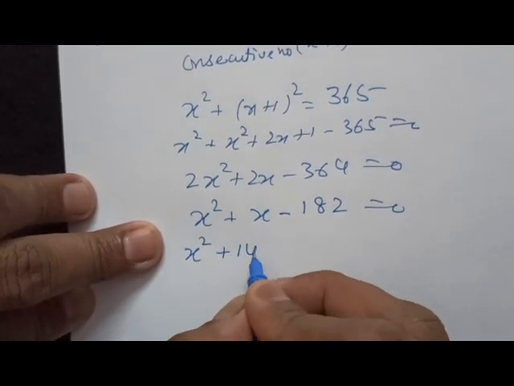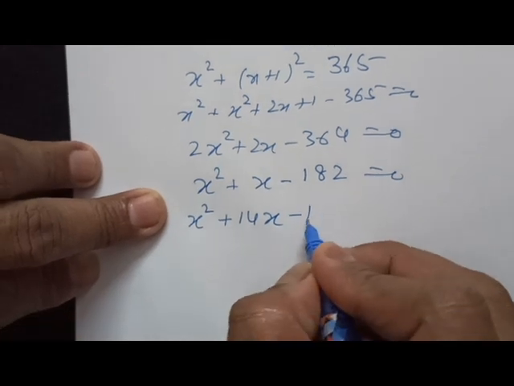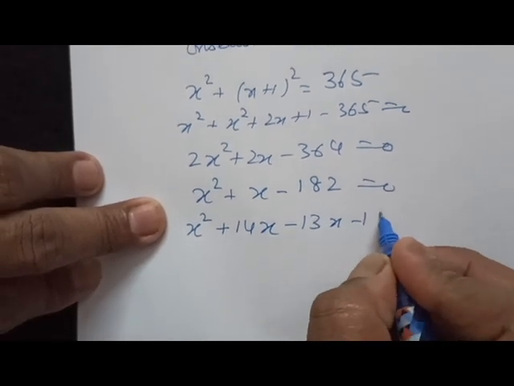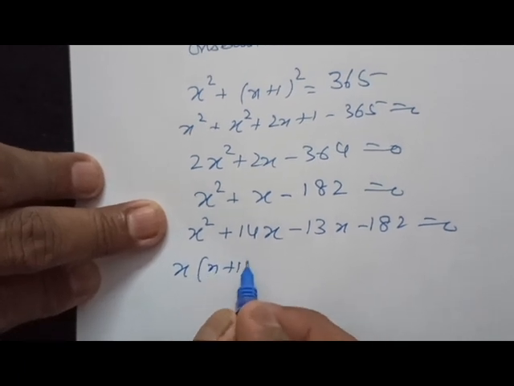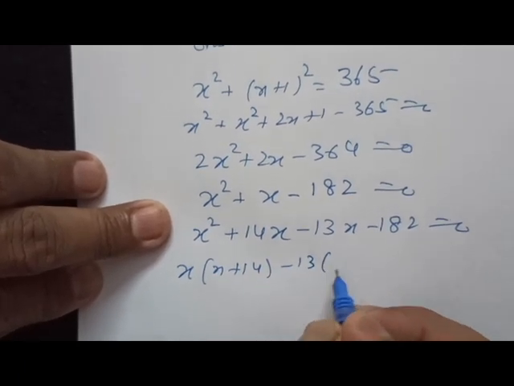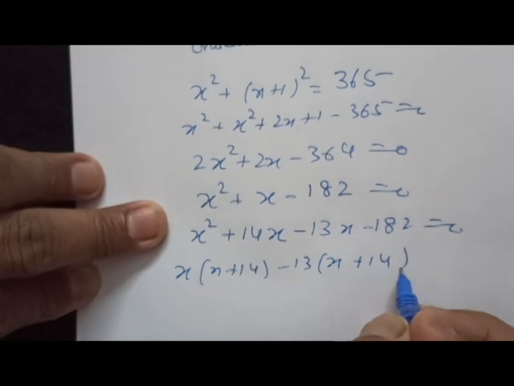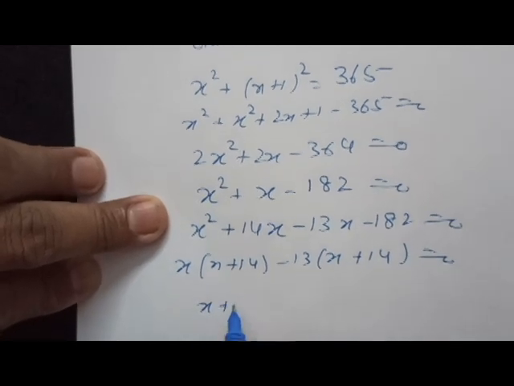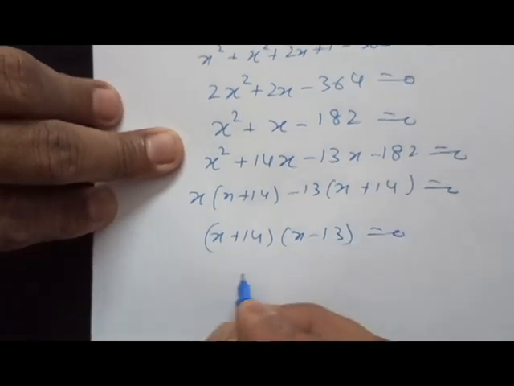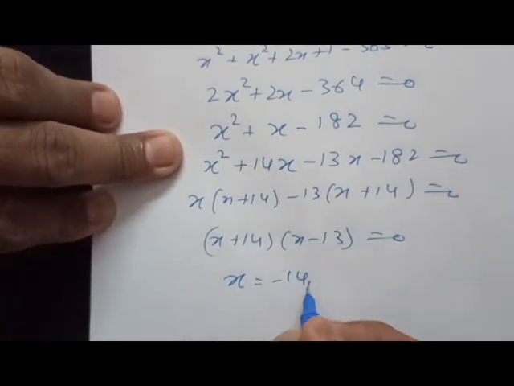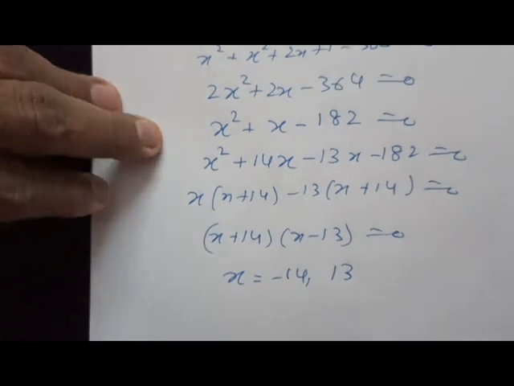Here, bigger number will be positive and the smaller number will be negative. So here we take x common, so we get x plus 14. Here we take minus 13 common, so x plus 14 is equal to 0. X plus 14 and x minus 13 are the two factors. Equating them to 0, we get minus 14 or 13.